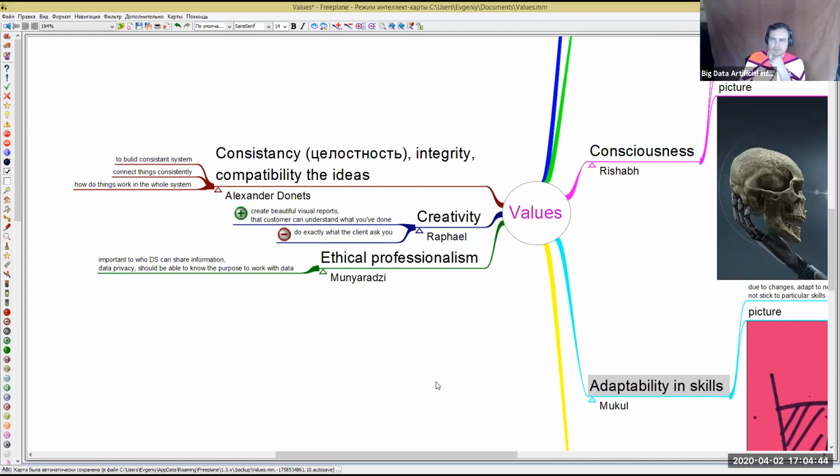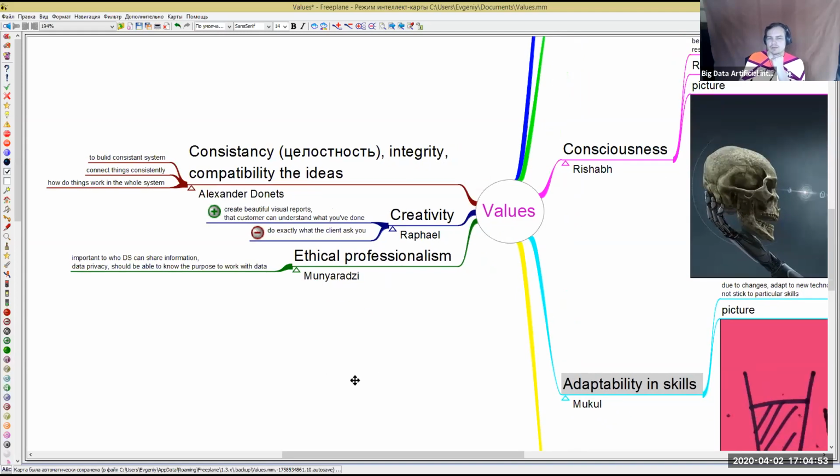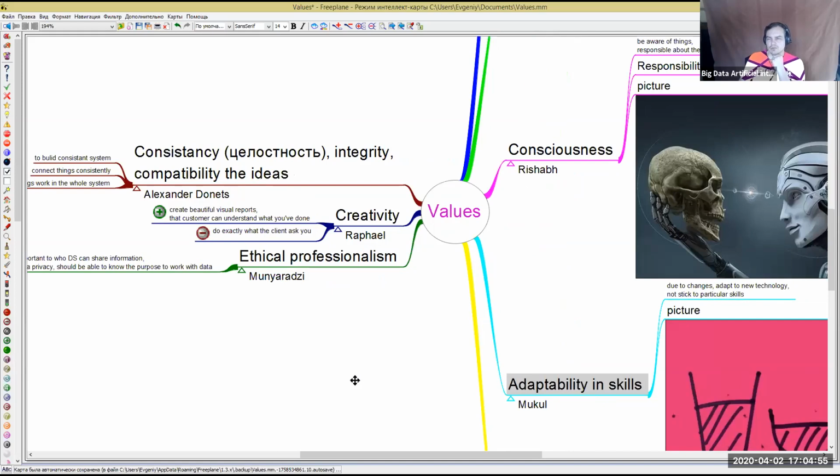Yeah. So it's professional to build a model, which is correct. But sometimes you cannot know the context in which this model can be used.